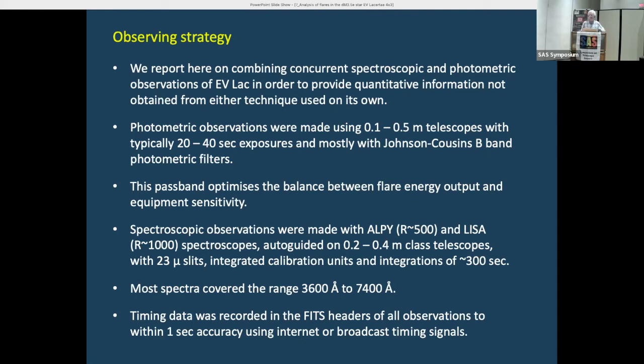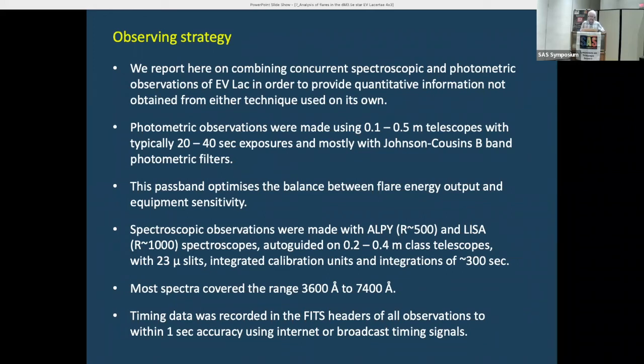The spectroscopic observations that I'm describing here were made with either an ALPI or a LISA spectroscope, auto-guided on similar amateur-sized telescopes with integrated calibration units. And we're integrating these typically for 300 seconds, which is approximately 10 times the length of a photometric exposure.